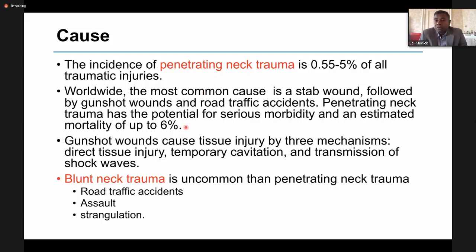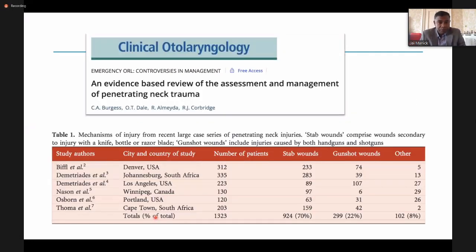Even though the incidence is low, the mortality can go up to 6%. With gunshot injuries, the mechanisms are slightly different. It can cause direct trauma or temporary cavitation, or it could send shock waves, which can cause secondary injuries. Blunt neck trauma is commonly caused by road traffic accidents, but it could be caused by assault or strangulation.